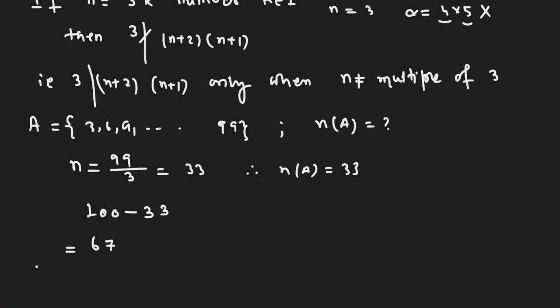So the required number of n is 67. So 67 values of n are there from 0 to 100, excluding 0, including 100, which are divisible by the number 6.